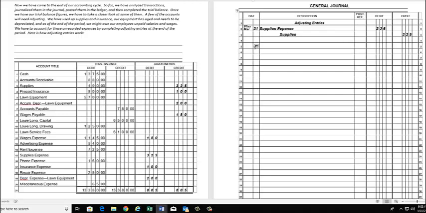Next is insurance. For insurance, we debited insurance expense and credited prepaid insurance. That was for $100.